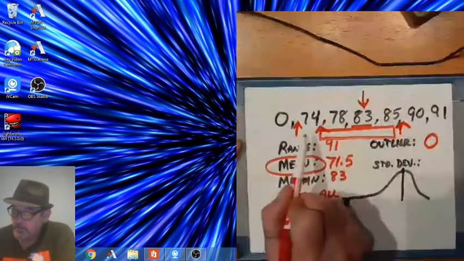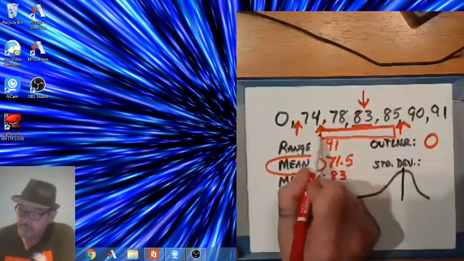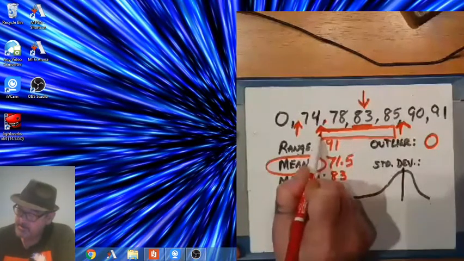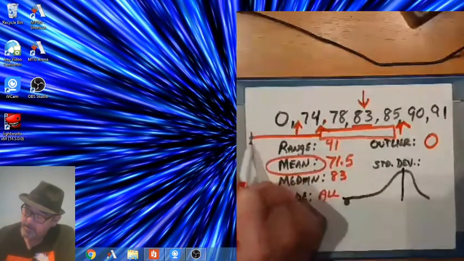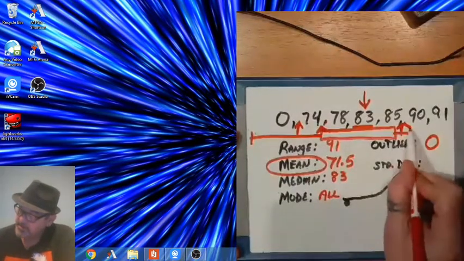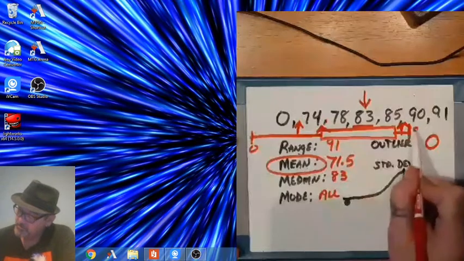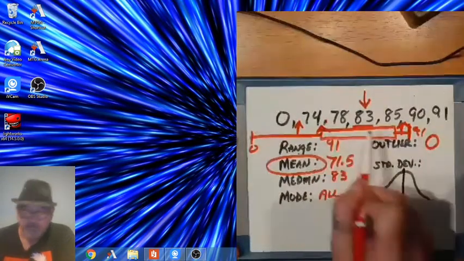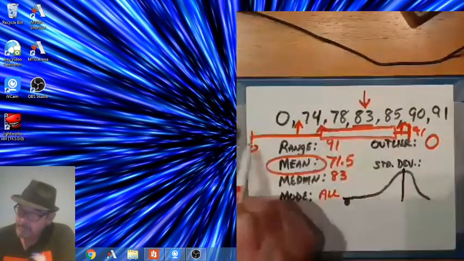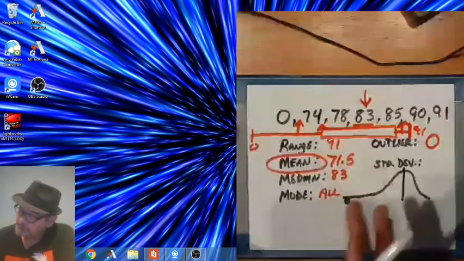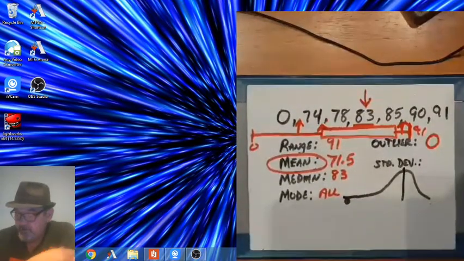So an outlier would not affect the box. It would affect the whisker, because I would have a long line all the way to 0 and maybe a short whisker here to 91. So if this was 0 and this was 91, I can see my interquartile range doesn't change. My whisker does.